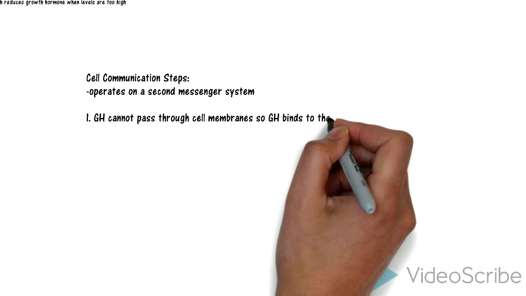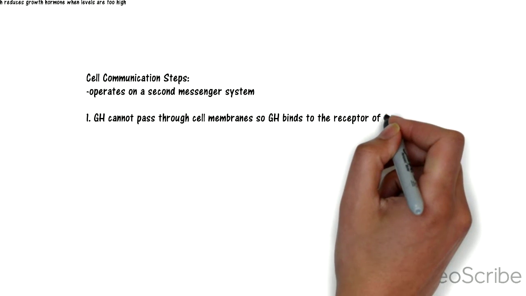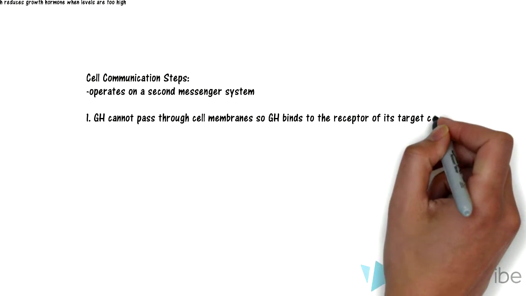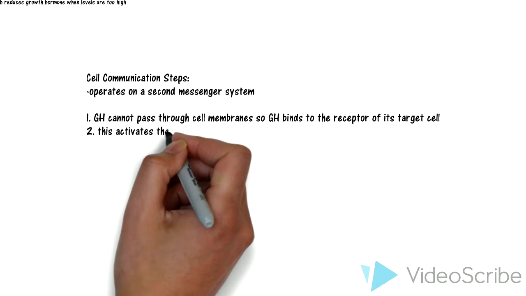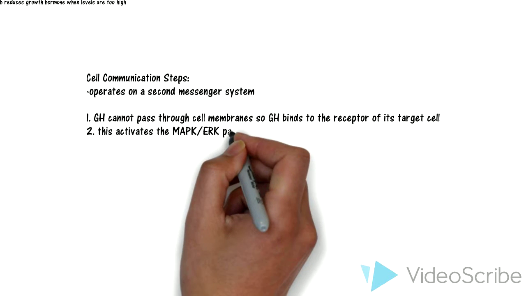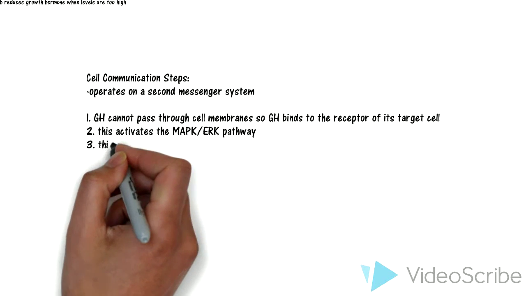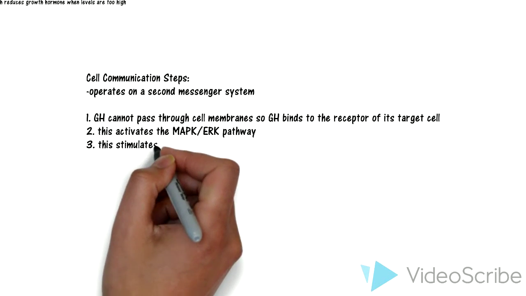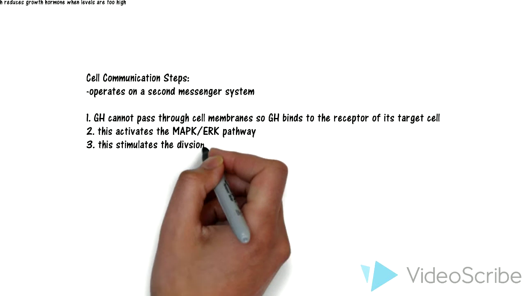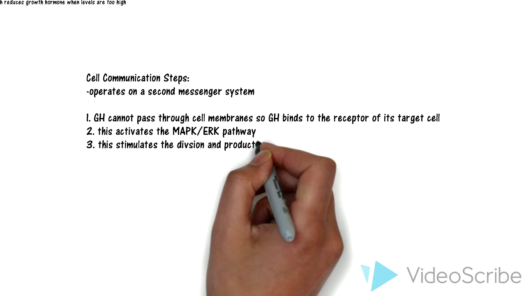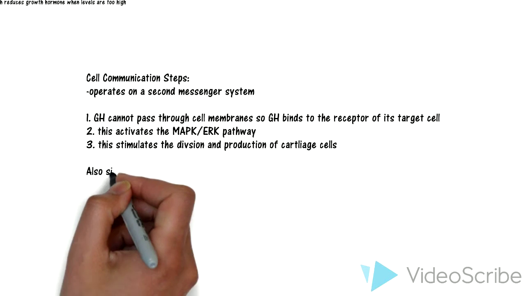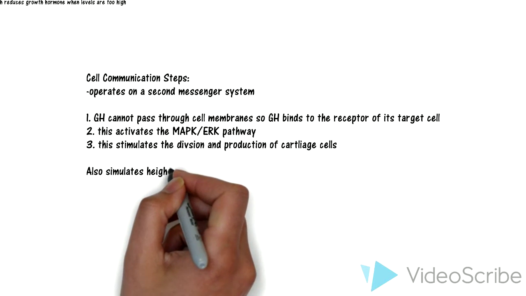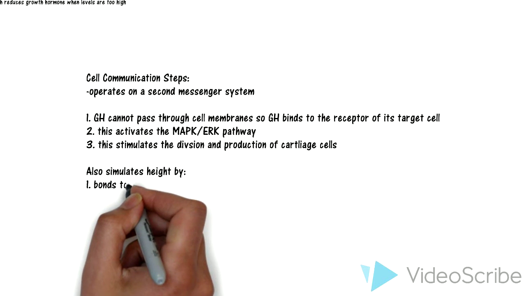And this is a chain of proteins in the cell that communicates a signal from a receptor on the surface of the cell to the DNA of the nucleus, which expresses a protein and causes a change in the cell. So it functions by kinases that activate the neighboring protein by adding or removing a phosphate group, which causes a cascade effect. And this stimulates division and multiplication of cartilage cells.